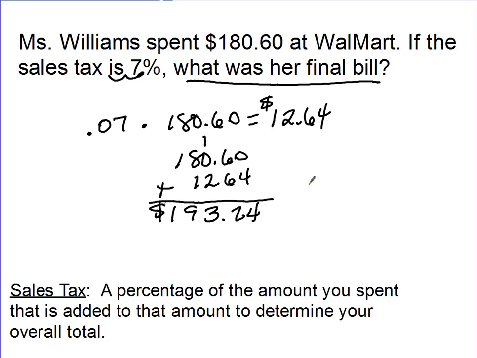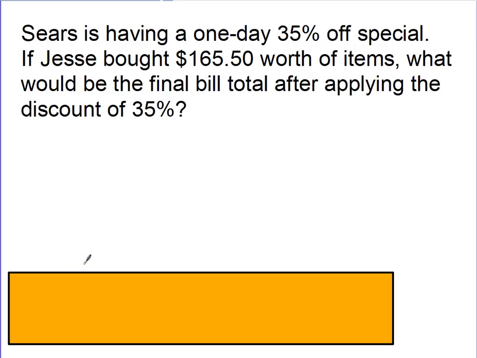And the last one that we're going to deal with today, Sears is having a one-day 35% off special. So this is what we call a discount, where you're going to take something off of the price. So if Jesse bought $165.50 worth of items, what would be the final bill total after applying the discount of 35%?